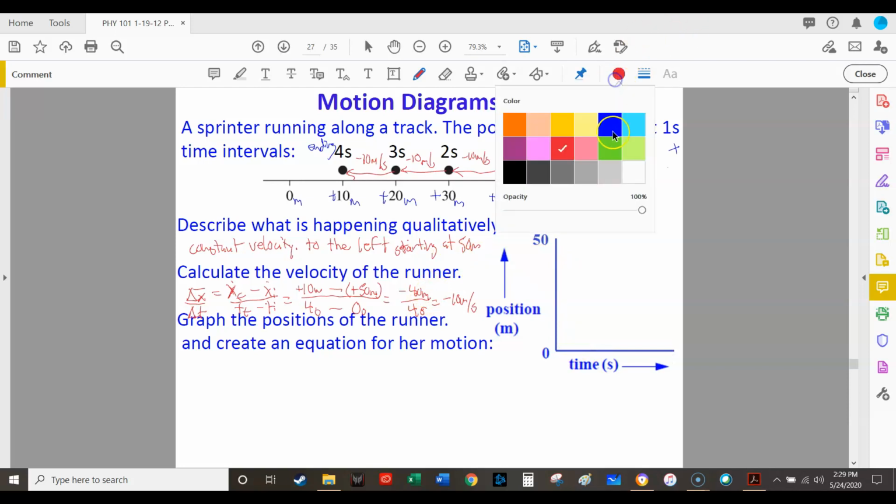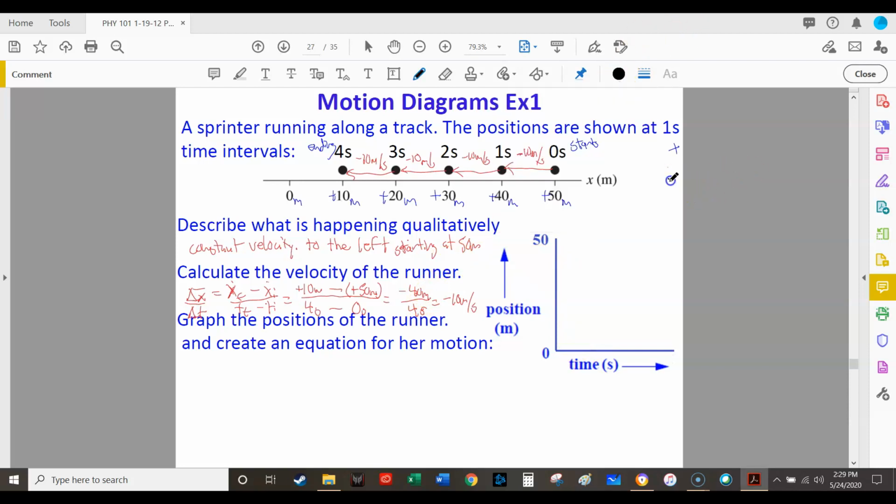I'm going to use black to represent the increments on the graph. Okay, I'm going to try to divide this up. This will be 10, 20, 30, 40, 50. So this is the 10 meter mark, 20 meter mark, 30 meter mark, 40 meter mark, and I wasn't even, but I'm just doing my best.